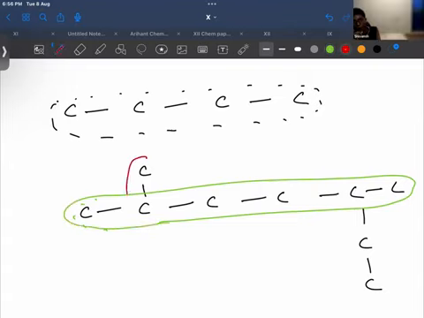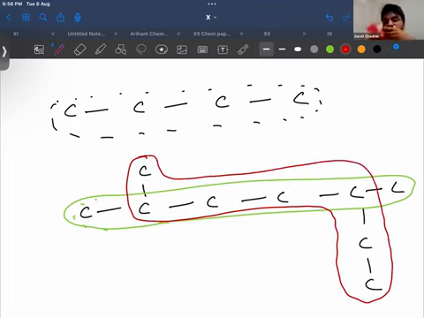Red or green? Green. Continuous. It's green only. You? Red. So the answer is red. Continuous chain. The red one is continuous. Where is the discontinuity? Oh, there are 2 carbons at the end.